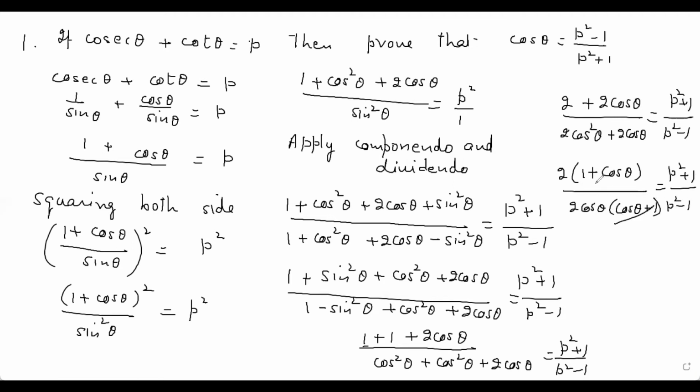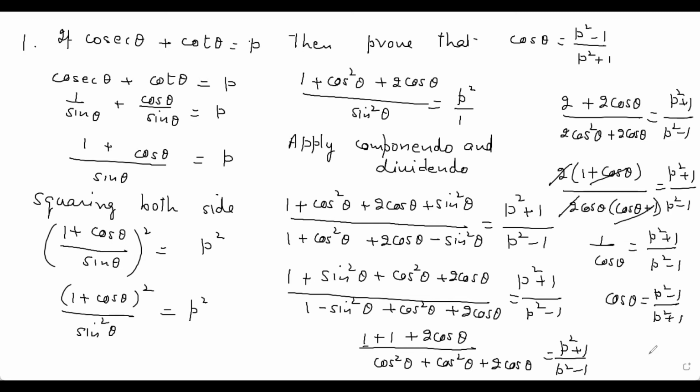Now this and this is cancelled, 2 and 2 is cancelled. I'll have 1 over cos theta is equal to p square plus 1 upon p square minus 1. Now what I want, cos theta is equal to p square minus 1 upon p square plus 1. Take the reciprocal, you'll have this. So hence proved.